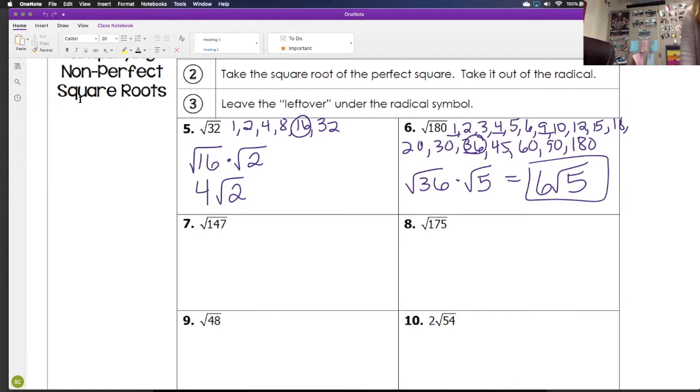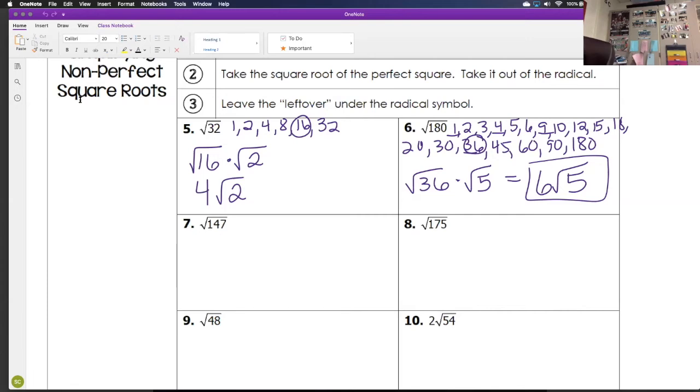That's right, Selena. Try number 10 for me, and draw the root symbol for me. Yes, same with you. Yep, try number 10.